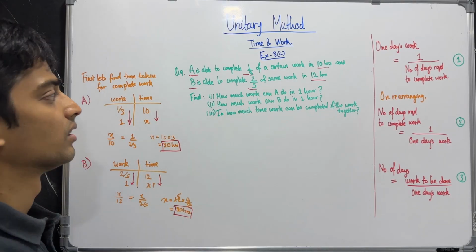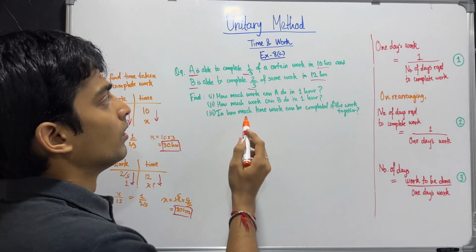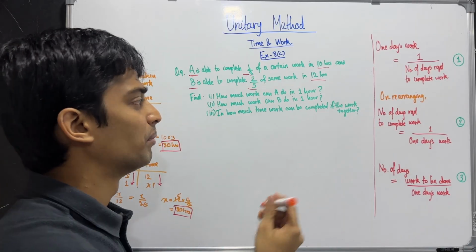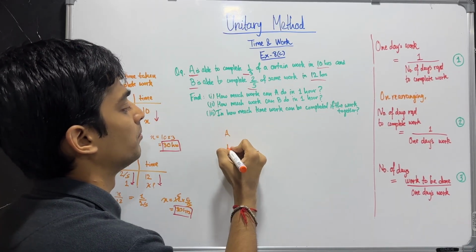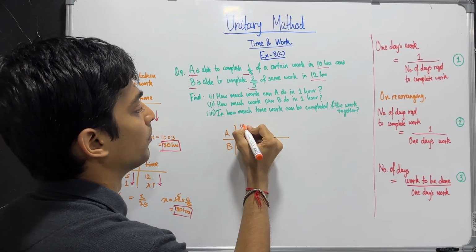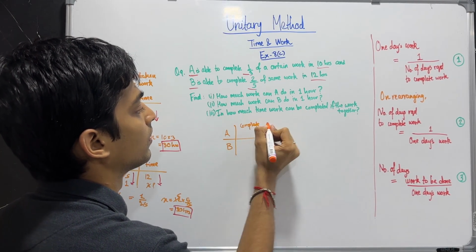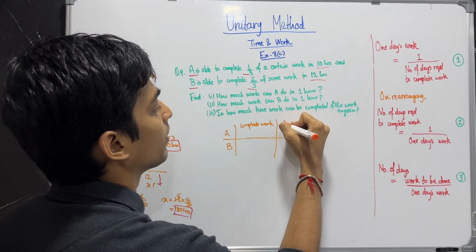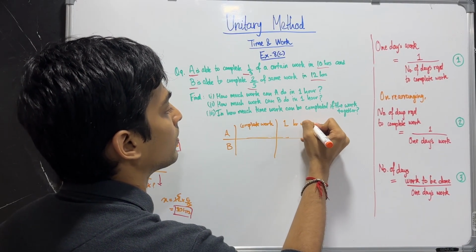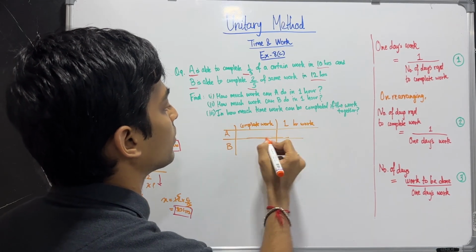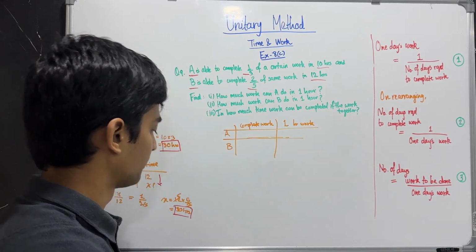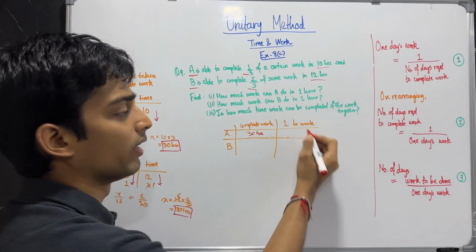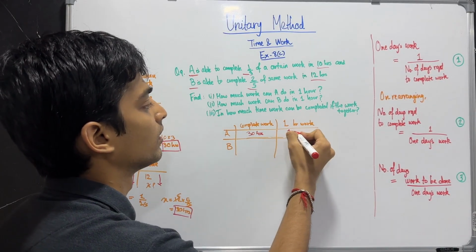Let's see this here now. Now we have got how much time it will take to complete the whole work. Let's draw a table. So we have A, B, complete work, one hour work. So complete work time is 30 hours, and in 1 hour how much work can be done? 1 upon 30.